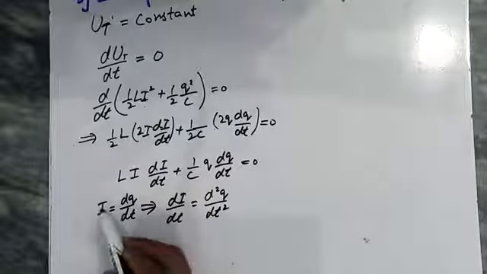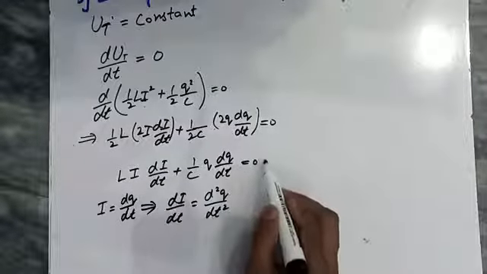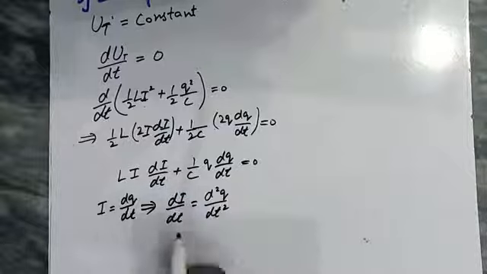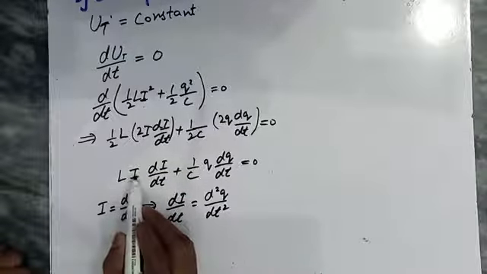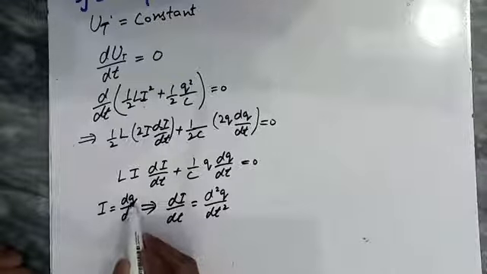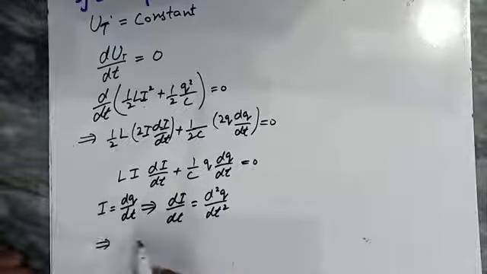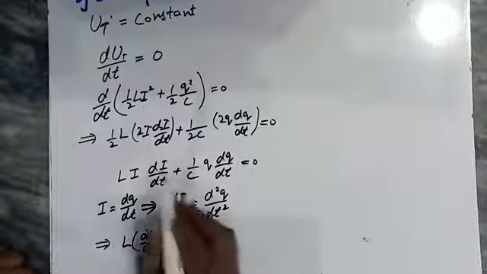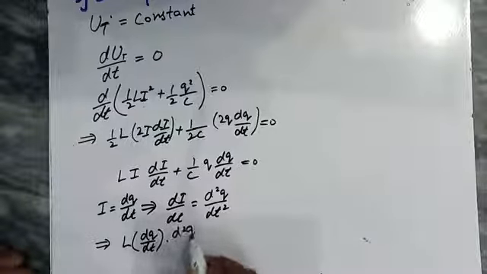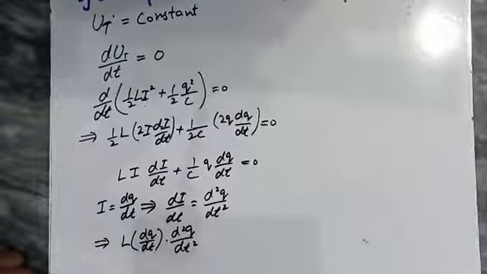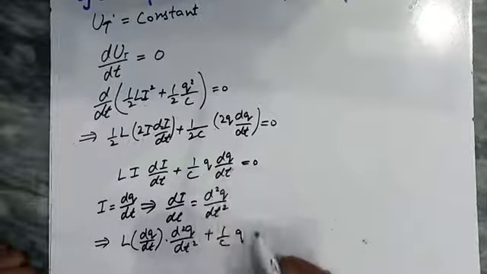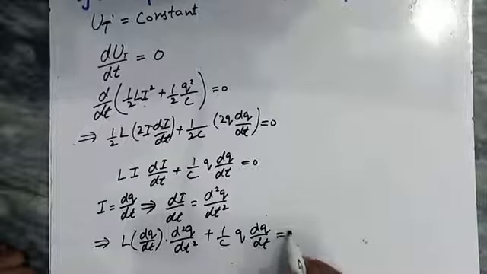So putting these two terms in this equation, I can convert this equation in terms of variable Q. So here I put value of I in terms of rate of flow of charge. Then this equation becomes L dQ over dt, and this term becomes d square Q over dt square, plus 1 over C. This term is charge Q and this is dQ over dt is equal to 0.